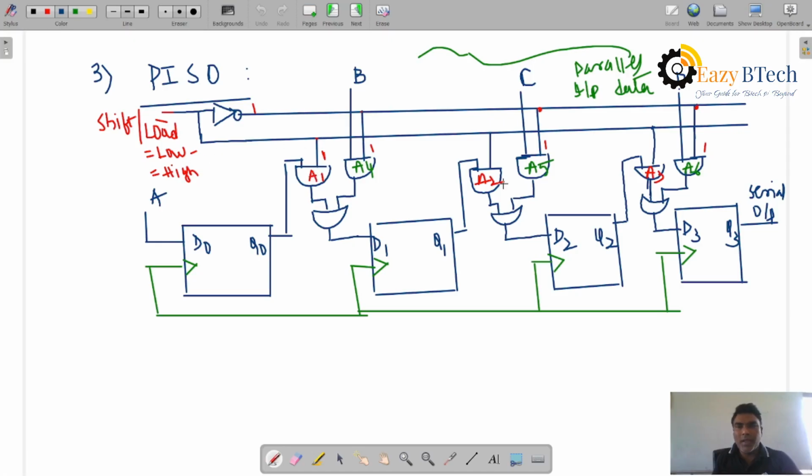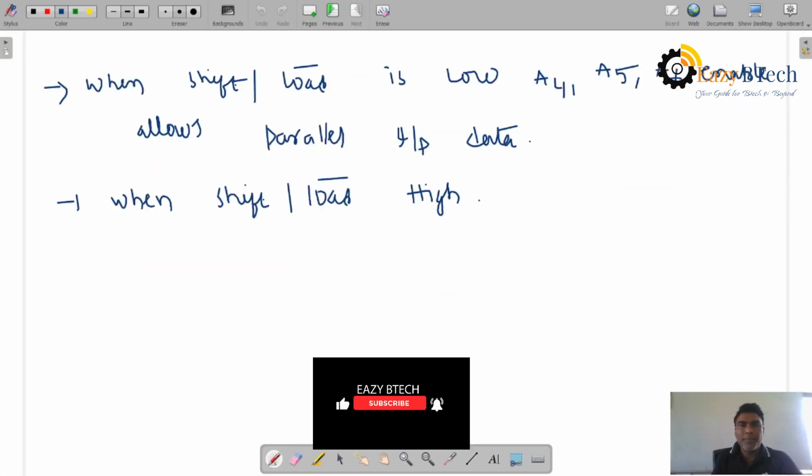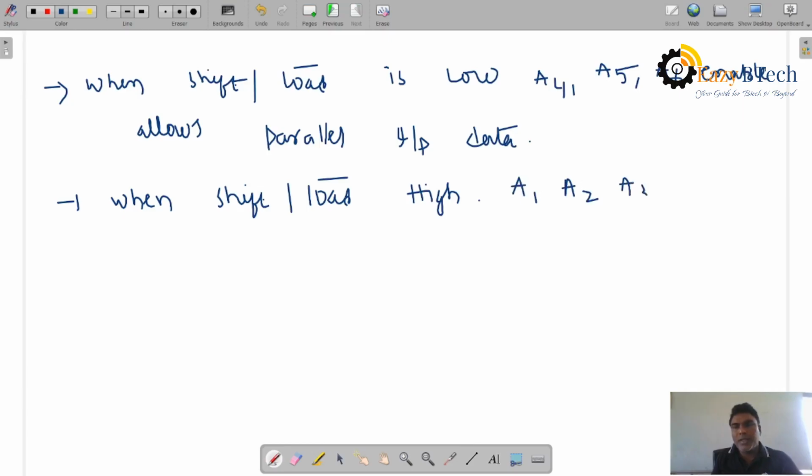A1, A2, A3 are enabled. The A1, A2, A3 gates are enabled.